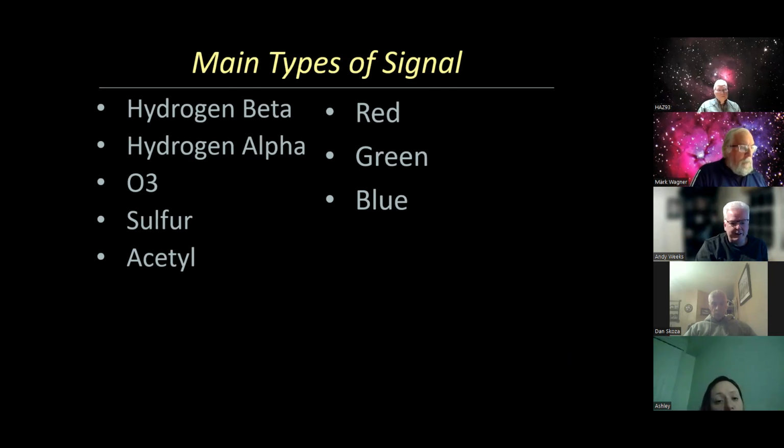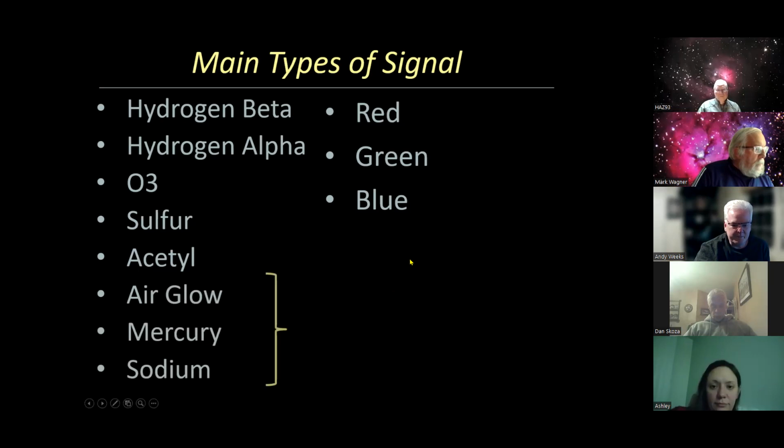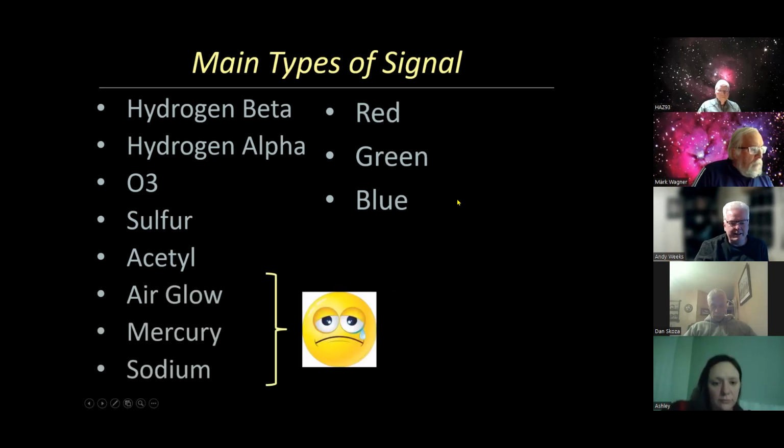H-alpha, hydrogen alpha, oxygen 3, and even sulfur 2, which I couldn't tell you what wavelength or what objects they are, but apparently we do capture some of that. The things we have to fight against, of course, are airglow, mercury vapor lights, and sodium vapor lights. That's why we use filters to cut those things out of our pictures.